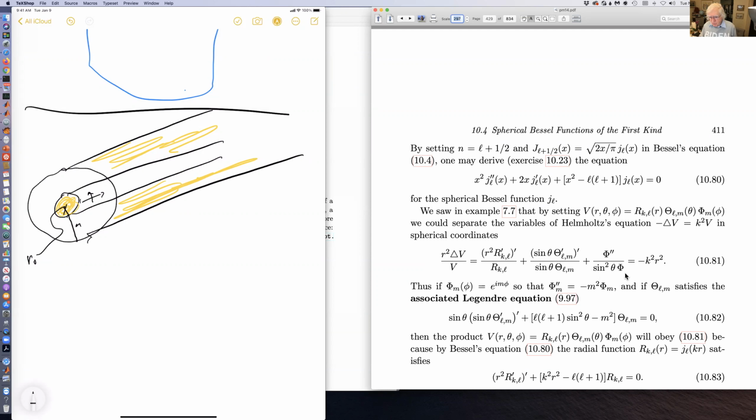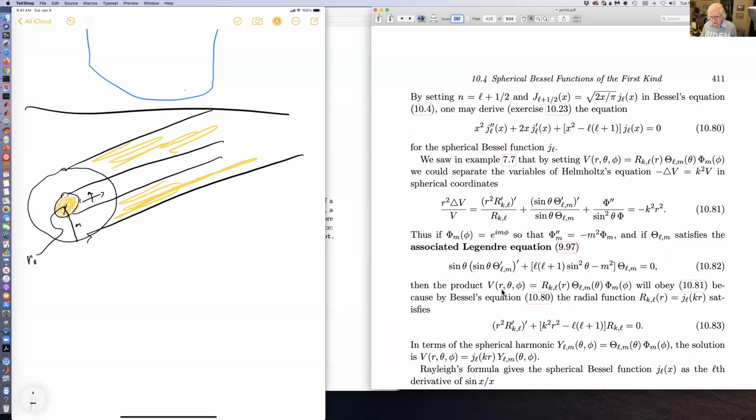That means that phi double prime over phi is just minus m squared. We take capital theta to satisfy the associated Legendre equation. Then the product R theta phi will obey Helmholtz's equation, as long as the radial function satisfies this equation, which it will if the radial function is J L of k r. The difference between this and this is that here, instead of x, we have k r.